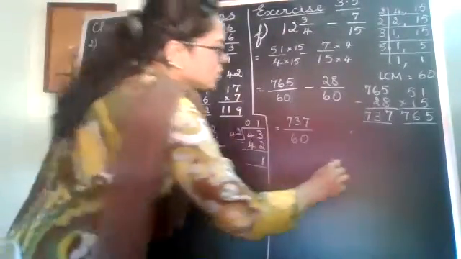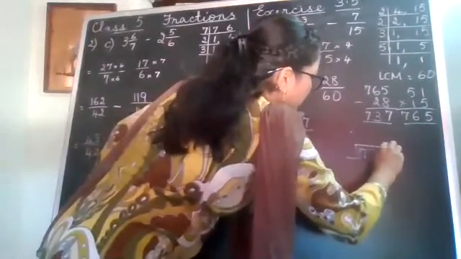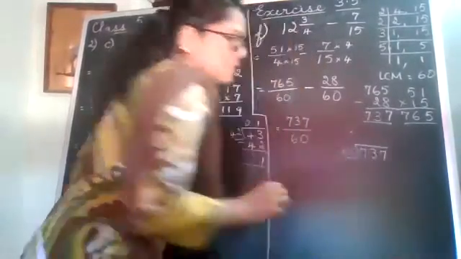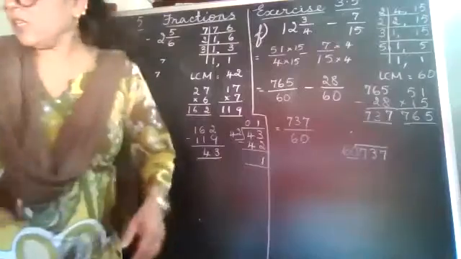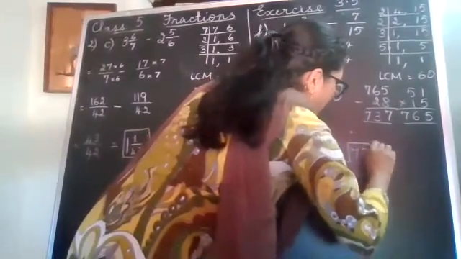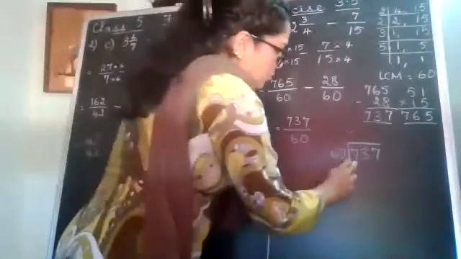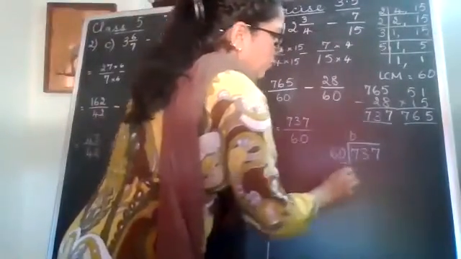We need to change it into mixed. So 737 divided by 60. Now the table of 60 is very similar to the table of 6. You just need to keep adding a 0 at the end. Okay. So 7 cannot be divided, put a 0.